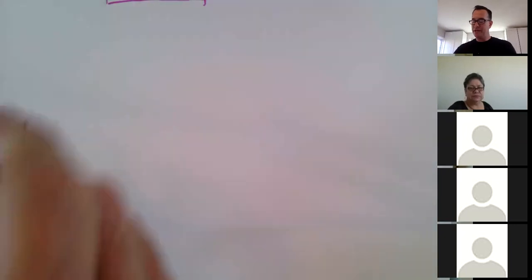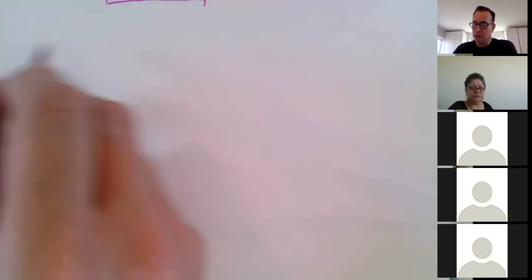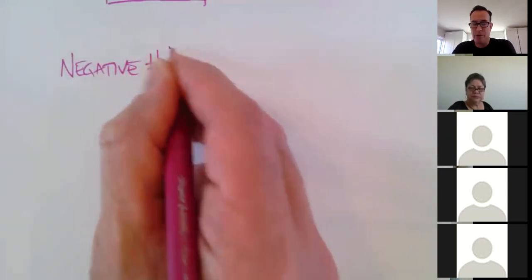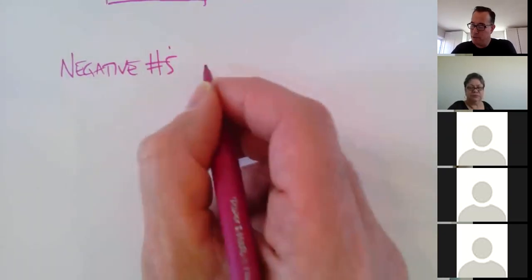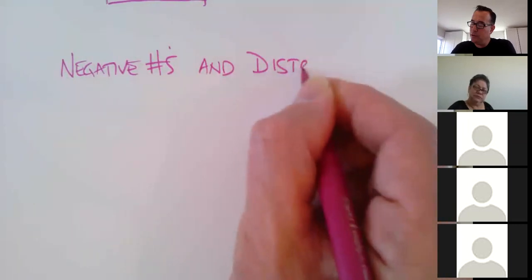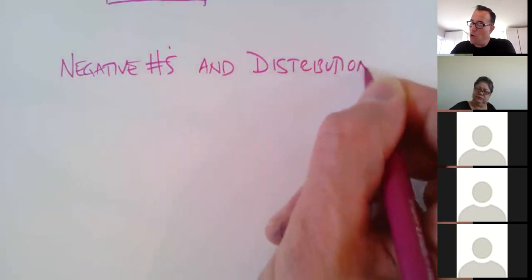So here's what we're going to do. The other thing that can happen is when you deal with negatives. So, negative numbers and distribution. And here's the thing.